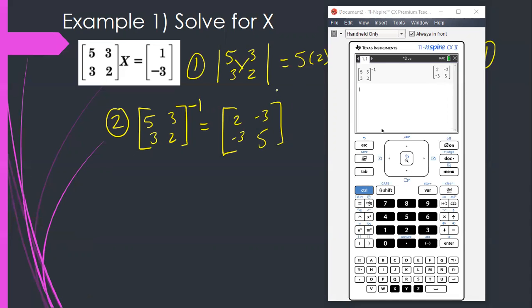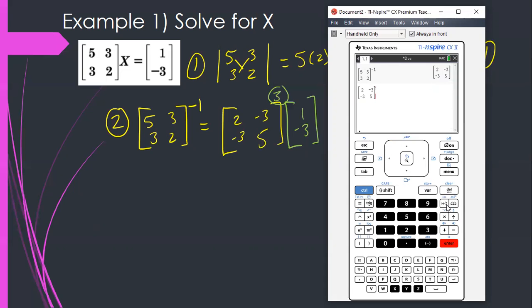Step 3 is to multiply your inverse by your solution. So the solution is 1, -3. So I'm going to multiply my inverse by 1, -3. That's step 3. In the calculator to do so, all you're doing is you're arrowing up, highlighting the inverse, pressing enter, and it brings it down.